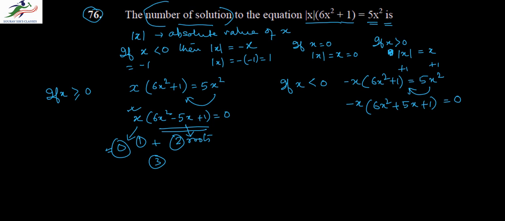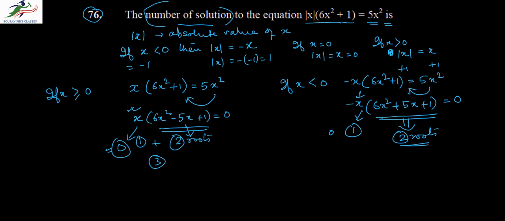So therefore, again, this quadratic equation will have two roots or two values of x, and x will again take the value of 0 as one instance. So there will be one possible value of x from this.